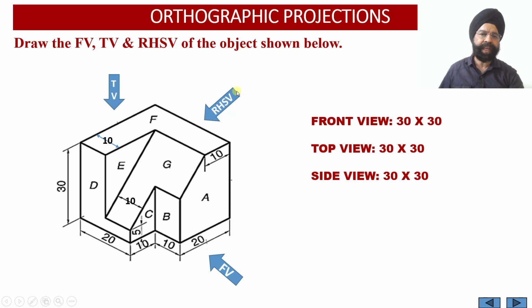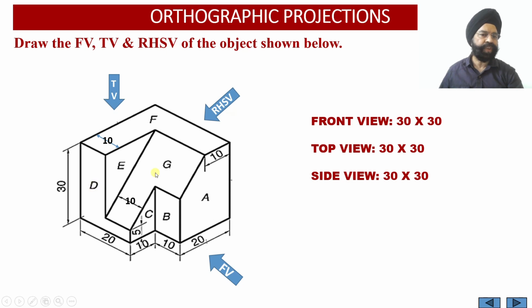Once we are looking at this particular solid from this side, this is one square face we will be able to see, right? This square face will be visible to us as an object line because this square face is facing the observer, whereas these surfaces, that is surface number D, surface number G and surface number B, are lying on the back side of the solid.